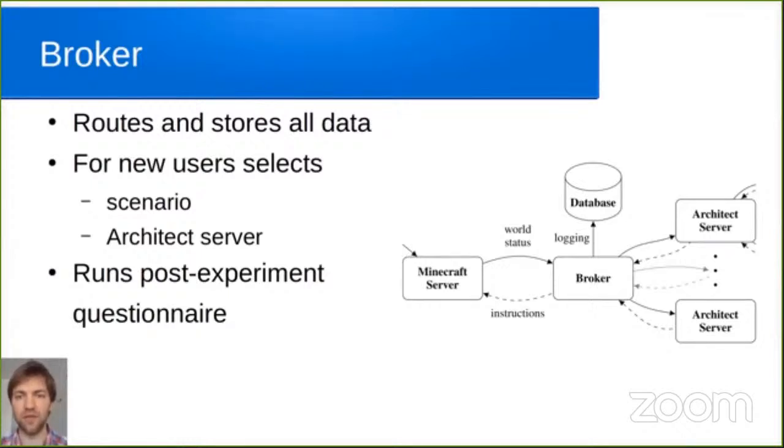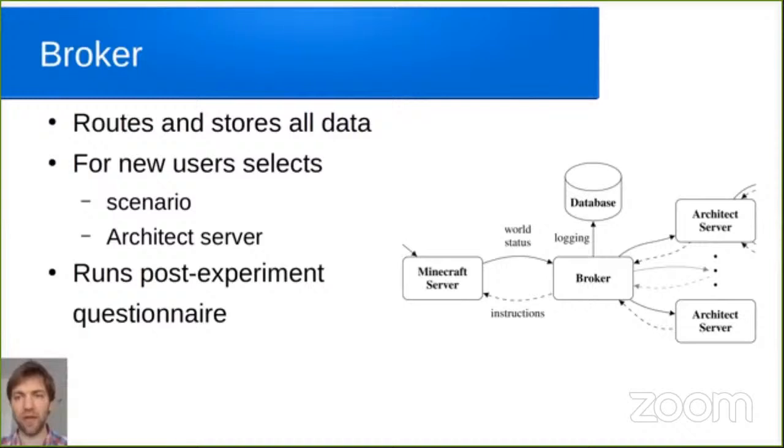Then we have the broker, which routes and stores all data. Whenever a new user logs in, it selects what scenario to use. For example, you could have different scenarios that need instruction, such as building a bridge or building a house, and which architect this user should be connected to.